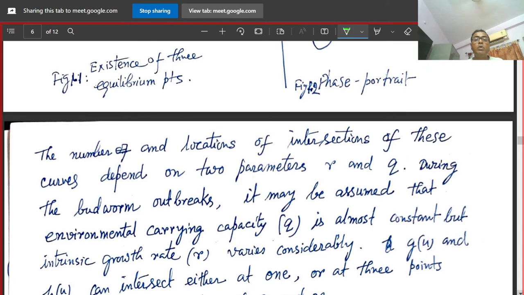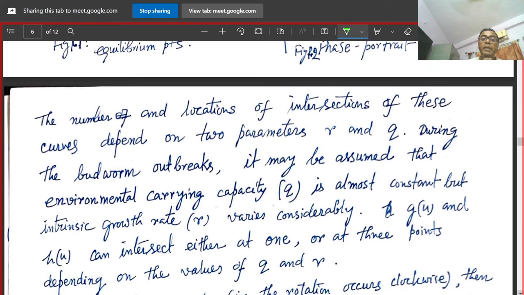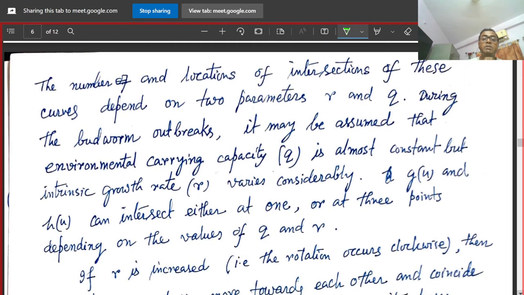The number and location of the intersections of these curves depends on two parameters, r and q. During budworm outbreaks, it may be assumed that the environmental carrying capacity q, non-dimensional k, varies considerably. g(u) and h(u) can intersect either at 1 or at 3 points depending on the values of q and r.